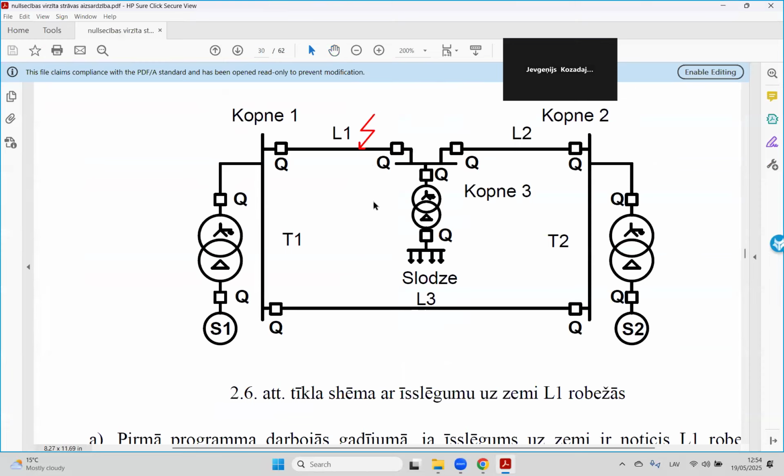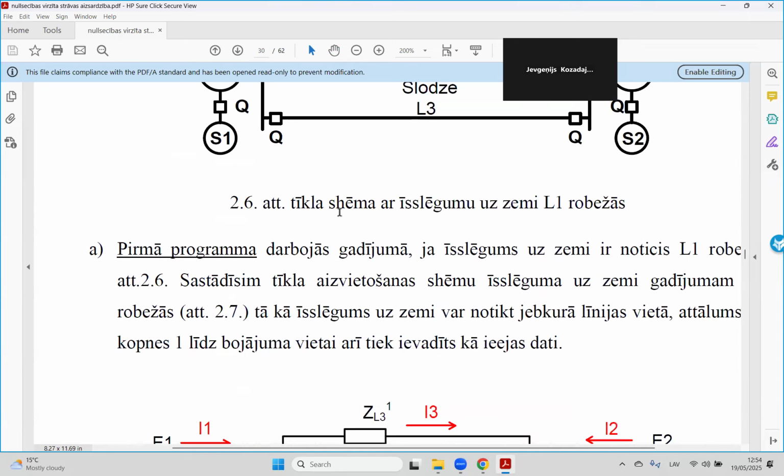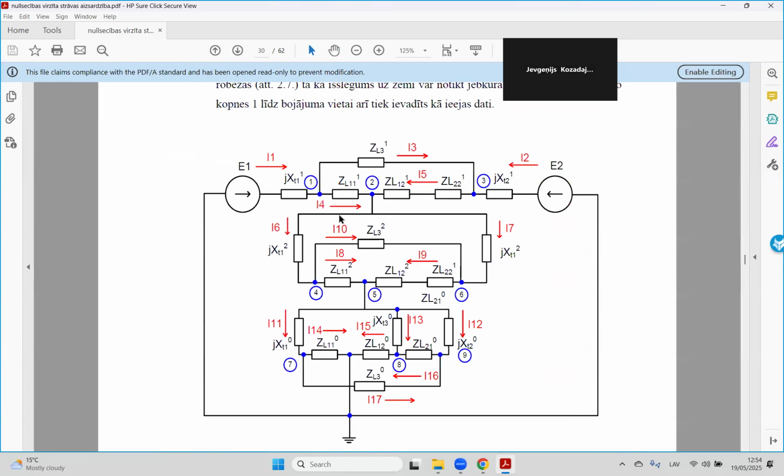If we want to calculate currents and voltages for this bidirectional power supply scheme with a loop, the only way is to use symmetrical component theory. This theory consists of 3 main sequences.